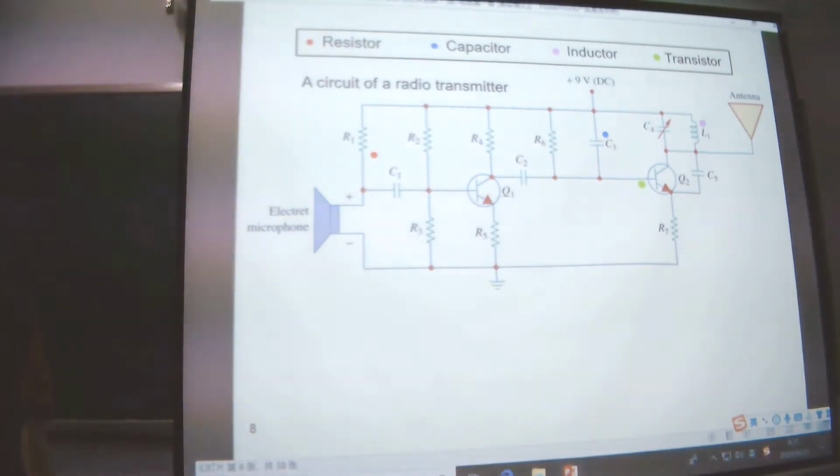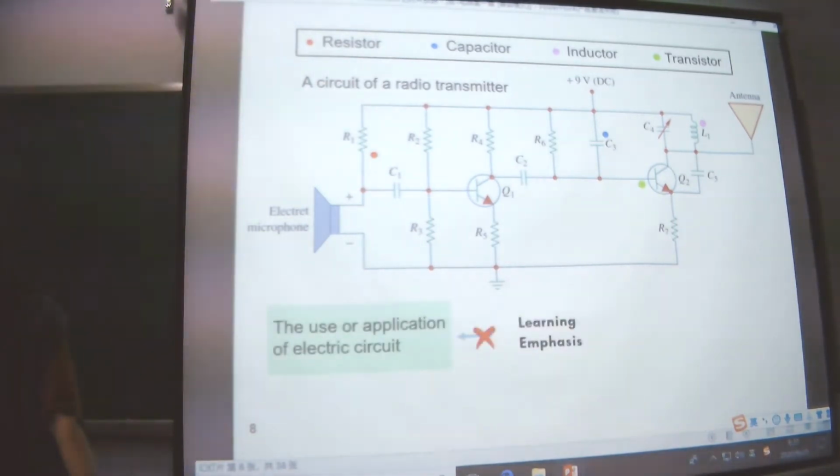So the transistor, did you learn it in another course? The analog circuit. Yes. So everything about the transistor we will learn in the analog circuit. So we won't talk about this one in our course. MOS effect, transistor effect. Okay.